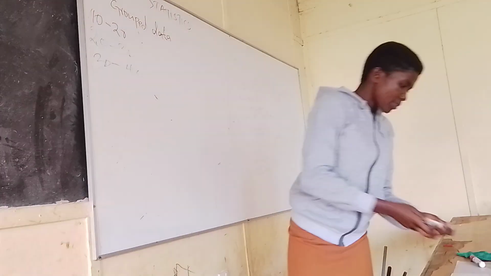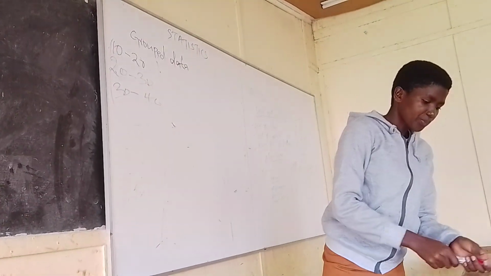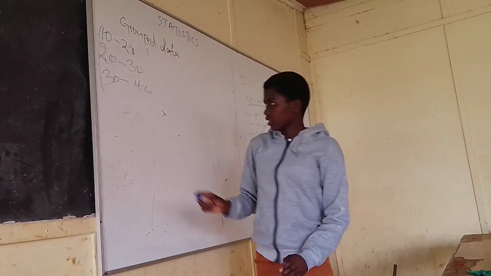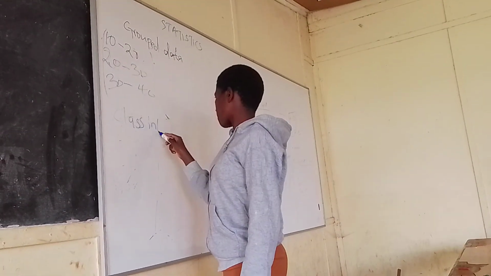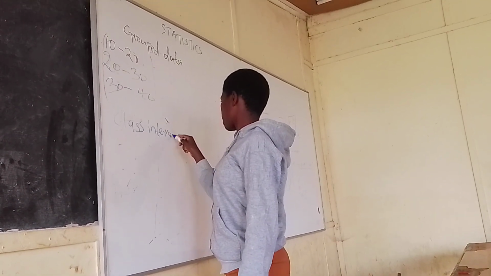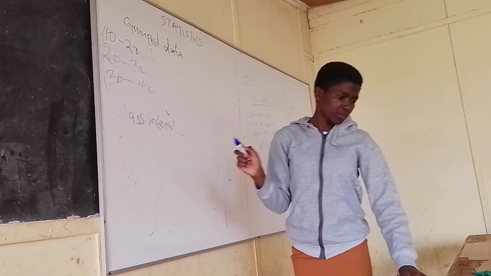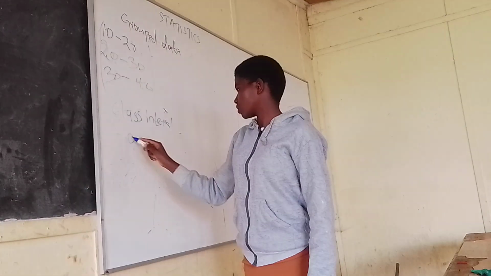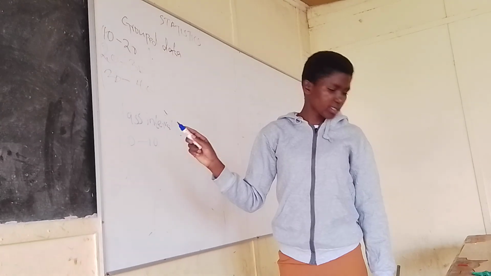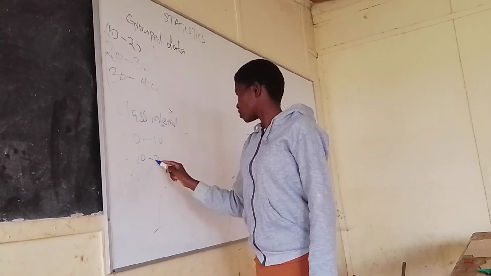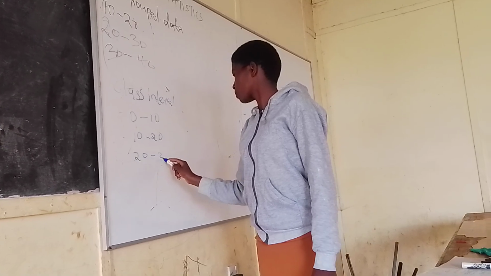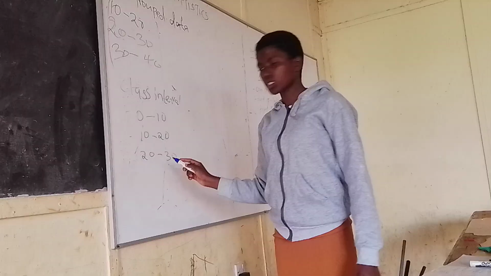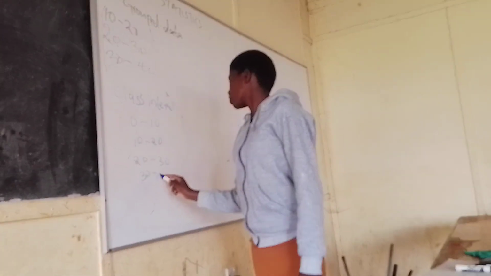So the first example that we're going to look at is the class interval. Zero to 10, 10 to 20, 20 to 30, then 30 to 40.